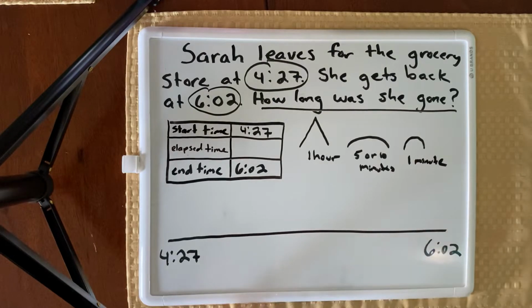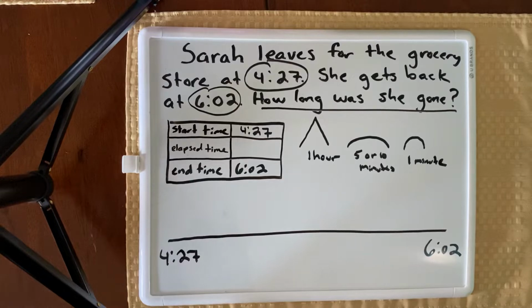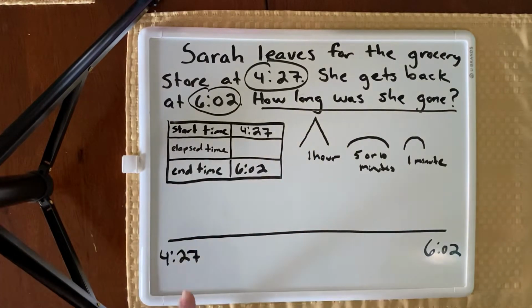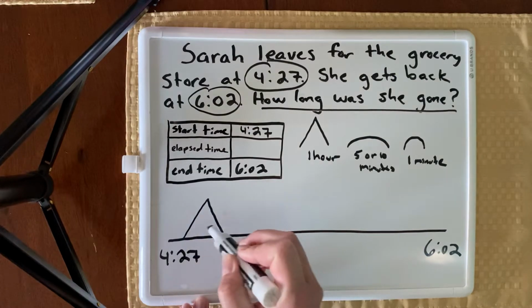The first thing I want to ask myself is if I can jump ahead any hours, because if I can, it's going to save us a lot of hops. So we started at 4:27. If I were to add 1 hour, what time would it be? My minutes would stay the same, but my hours would change.